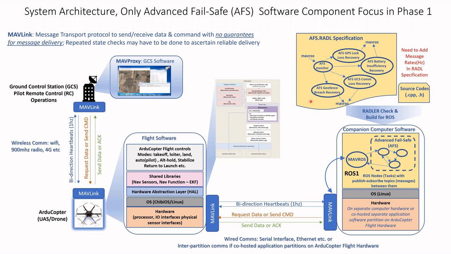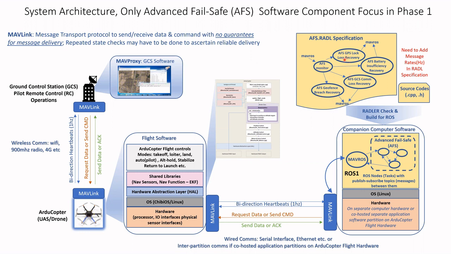The software component that we will be focusing on in phase one is essentially this advanced fail-safe functionality that we have shown here, captured as part of our RADL specification. We essentially have an advanced fail-safe monitor that is going to be monitoring for four different events. We're going to look at the geofence breach event, and then trigger the appropriate geofence breach recovery action.